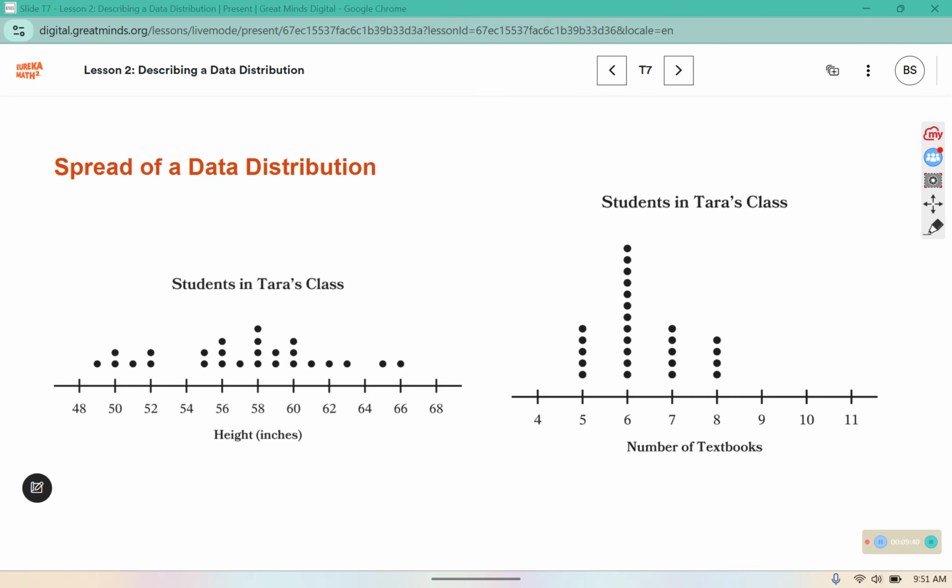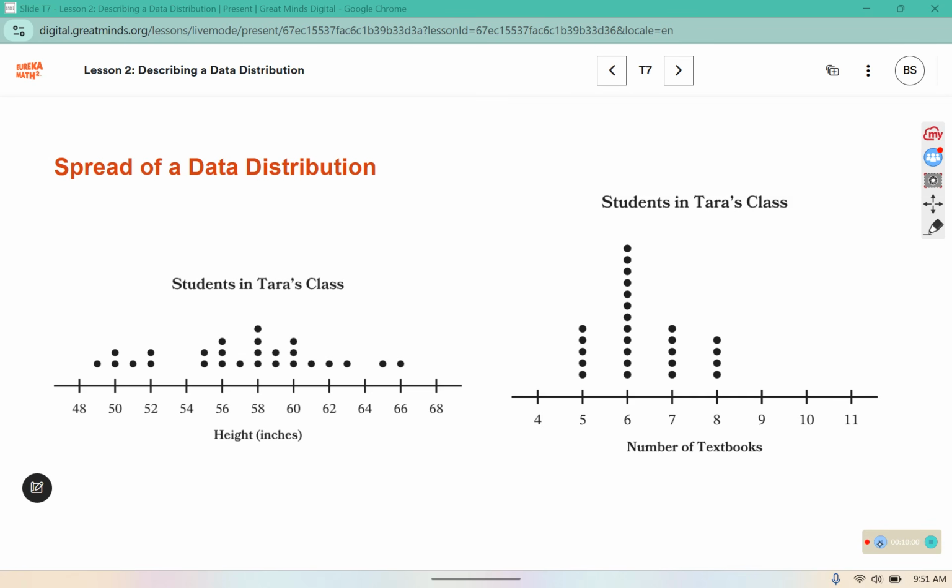One way that we use to describe the spread of a distribution is to talk about what's called the range. The range is a measure of spread based on the difference between the maximum value and the minimum or the least value in the data set.